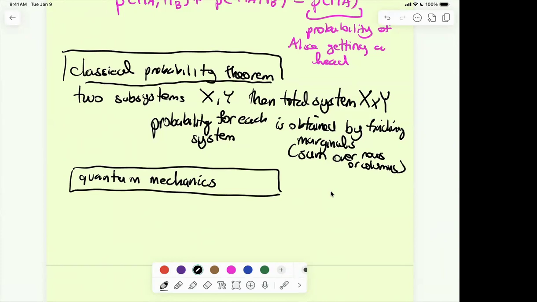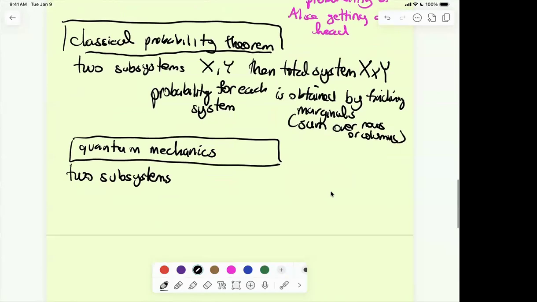is that if you have two systems, two subsystems, then instead of sets, you use vector spaces.